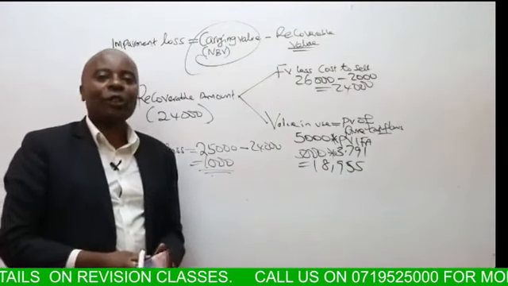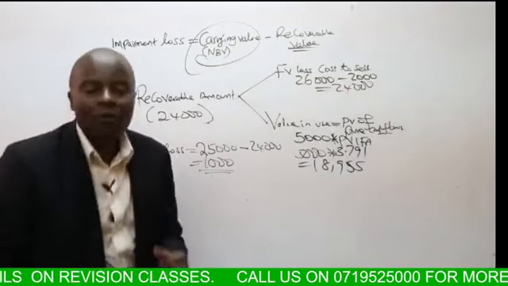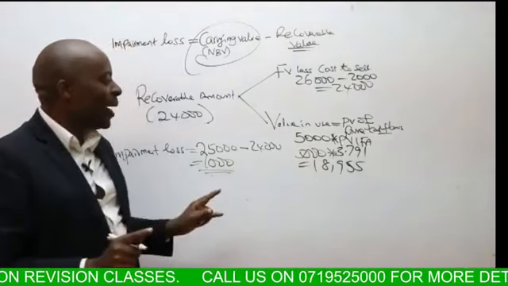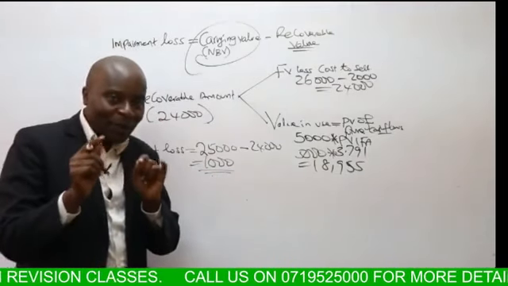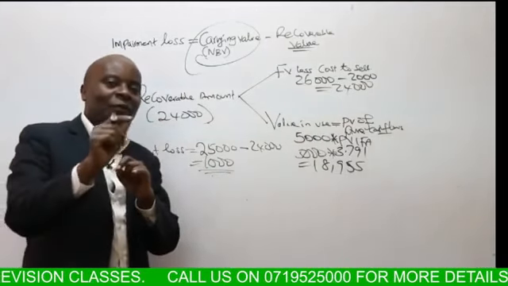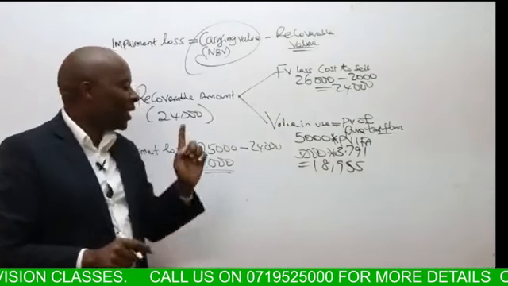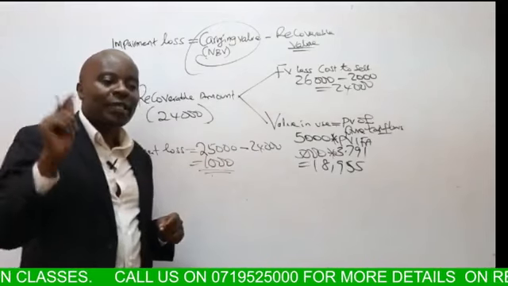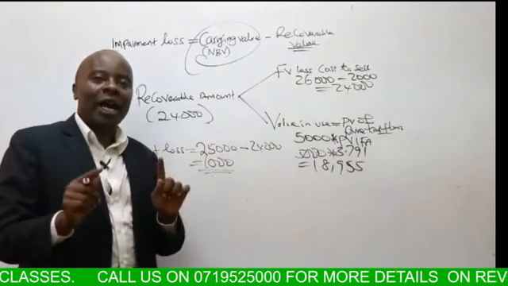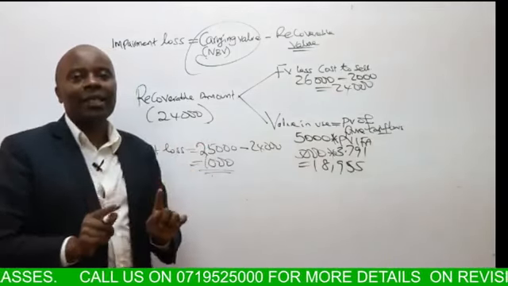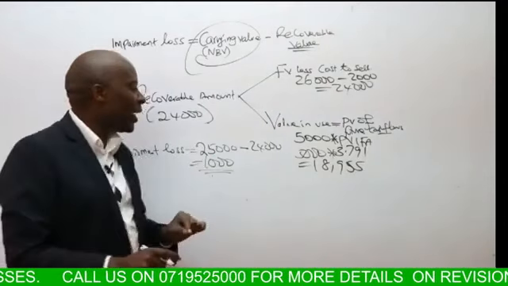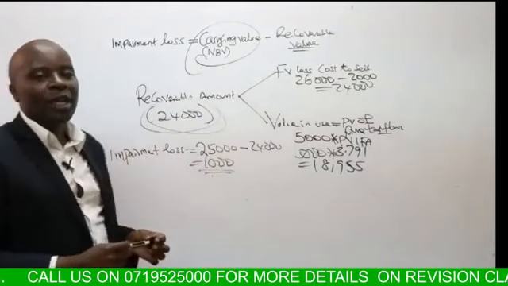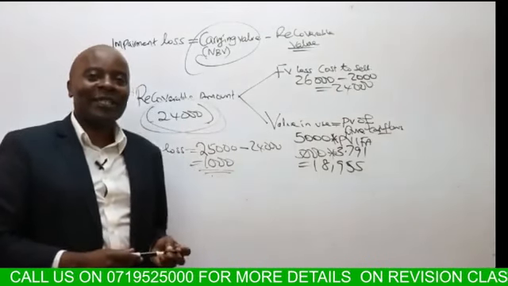So in my extract income statement for this particular asset, I'll take a depreciation amount of 5,000 per annum, 50,000 divided by 10, and then the impairment loss of 1,000. And in the statement of financial position extract for this asset, the amount I will take there will be the recoverable amount of 24,000.